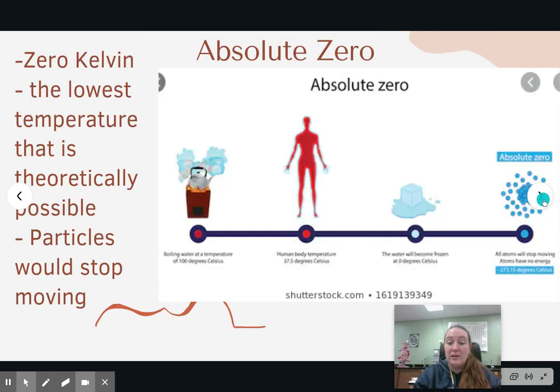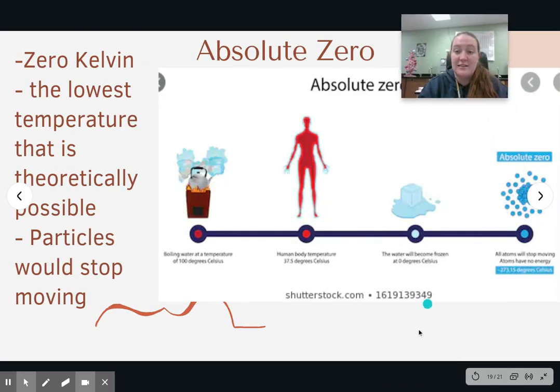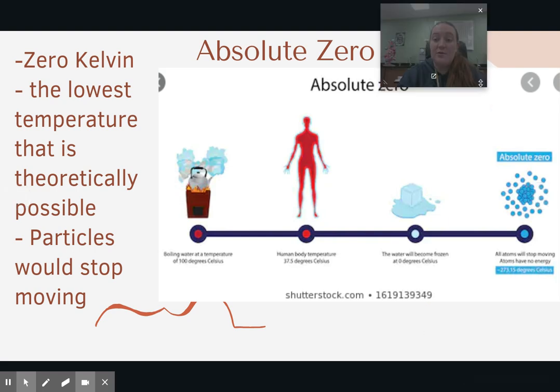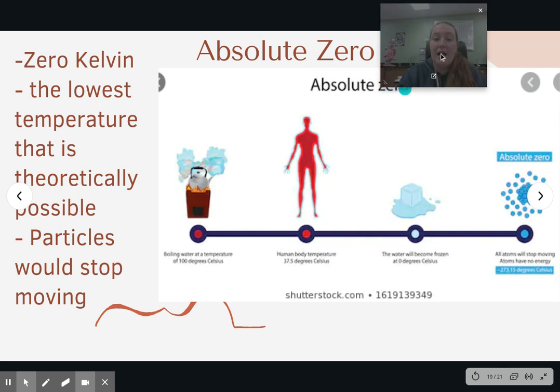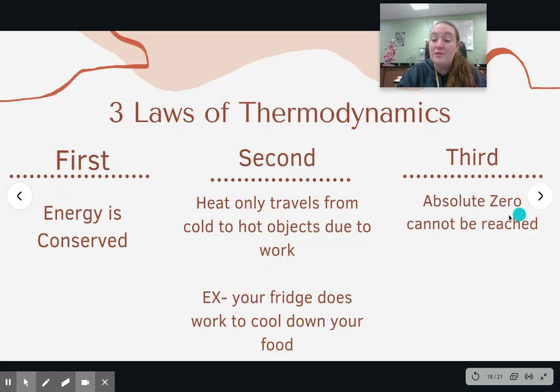And that's because of what absolute zero is. This is the last thing today, I promise. Absolute zero is the lowest temperature that is theoretically possible. It is 0 Kelvin. It's theoretically possible because of this law: absolute zero cannot be reached.